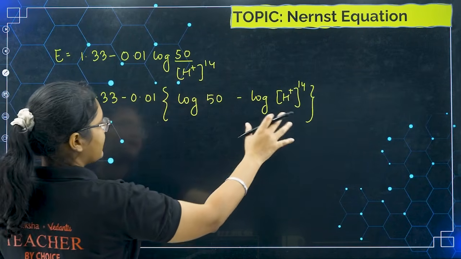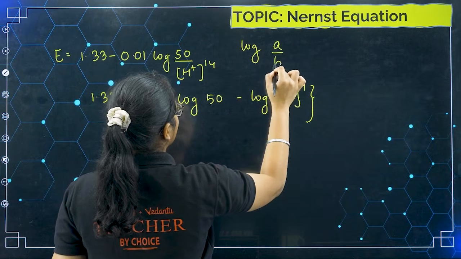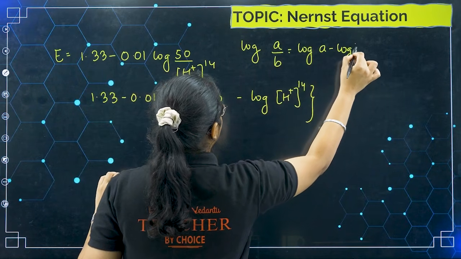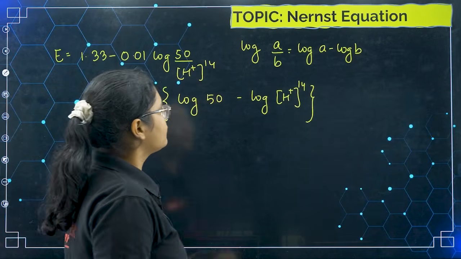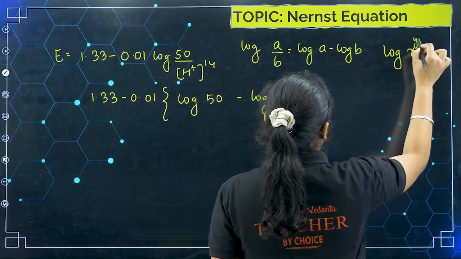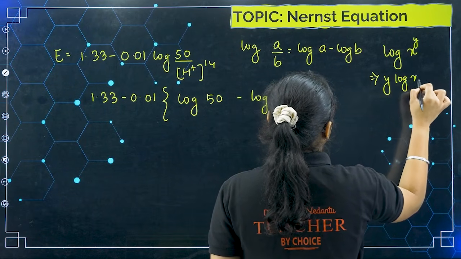Now from where have I derived this one? So this comes from this rule: log of A by B is equal to log of A minus log of B. One more rule I want to add here. If I have log of X to the power of Y, that is equal to Y log X.